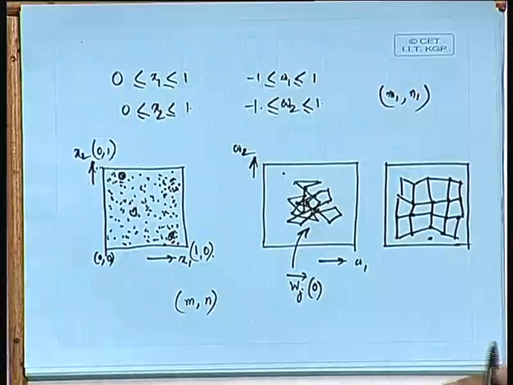The grid will not look exactly like a regular two dimensional lattice. It would look like a regular two dimensional lattice when the distribution is really uniform, but it is not. There is some non uniformity here.